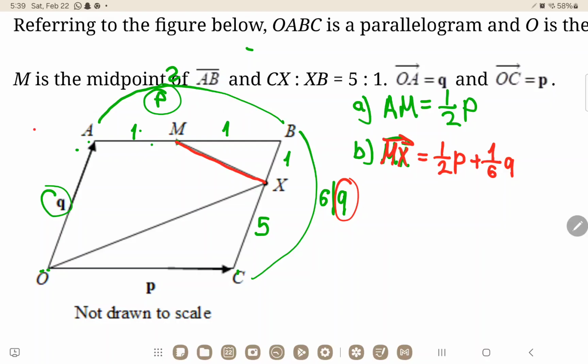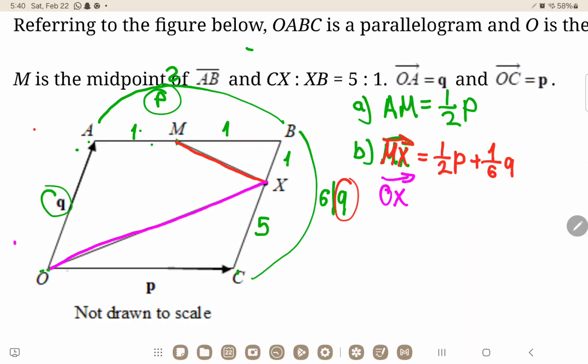Now, next part, it's still in part B. They're asking us for what is OX. Let me do it in a different color. OX. Now where is OX on the diagram? OX is right here. Now what is OX?